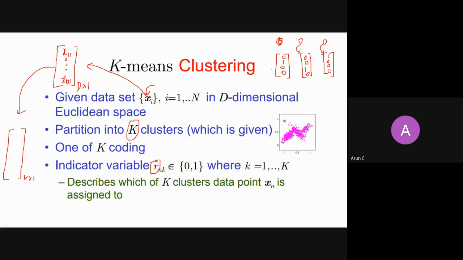So it is a one hot vector encoding, and your kth component will tell you which cluster this x belongs to, right? So here this point belongs to the second cluster, this point belongs to the third cluster, and this point belongs to the first cluster.